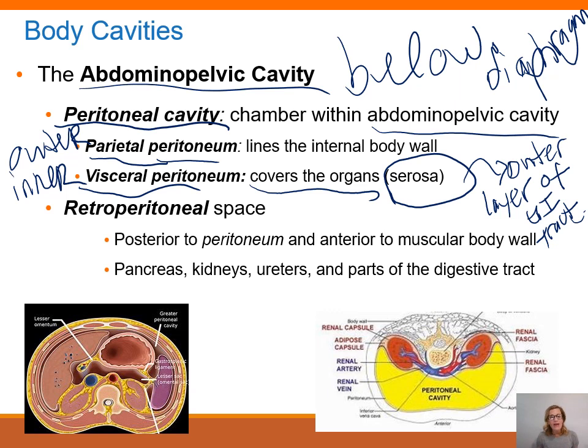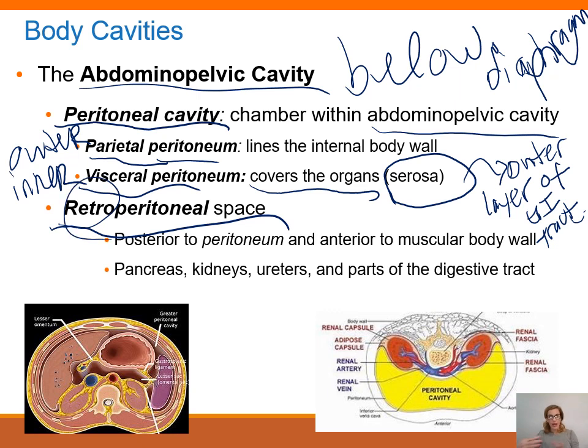Now, I said that the peritoneal cavity does not include all organs in the abdomen. There are some organs in the abdomen and in the pelvis that are not included in the peritoneal cavity. The space that's present behind the peritoneal cavity is referred to as the retroperitoneal space.